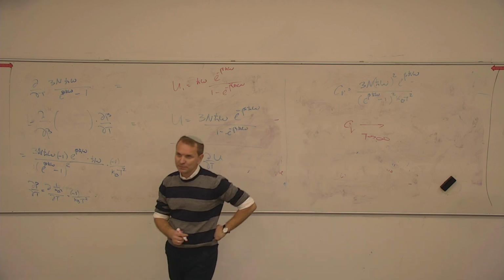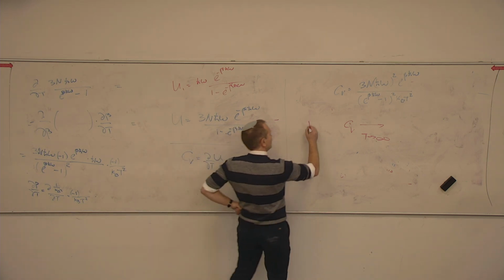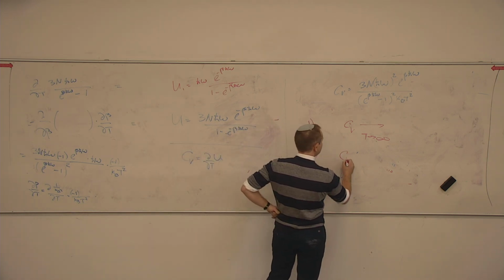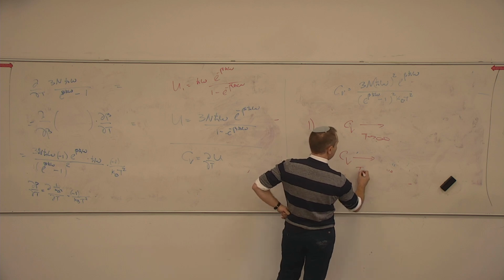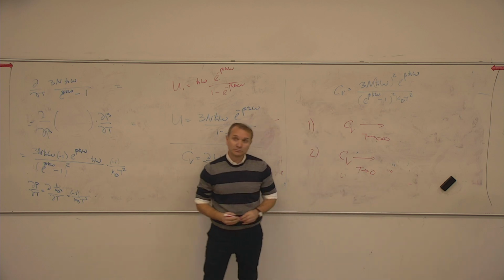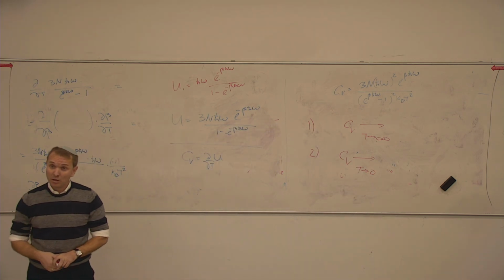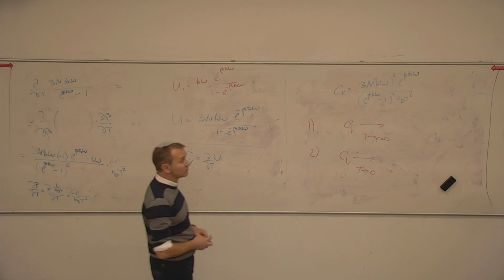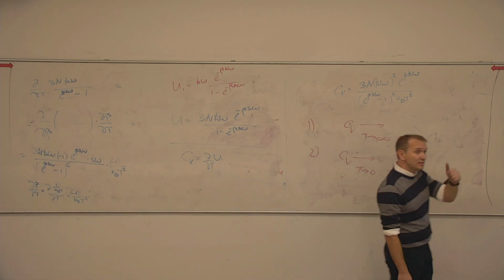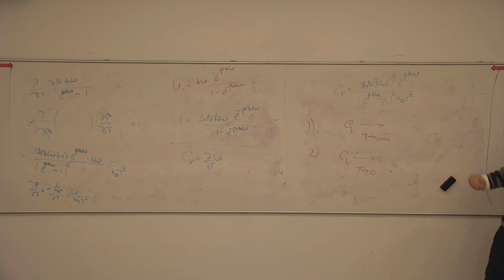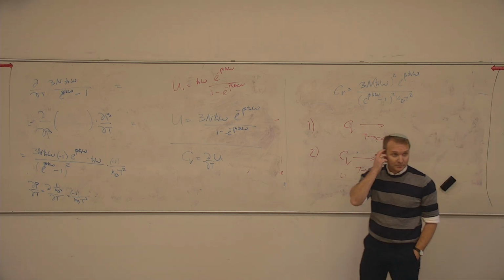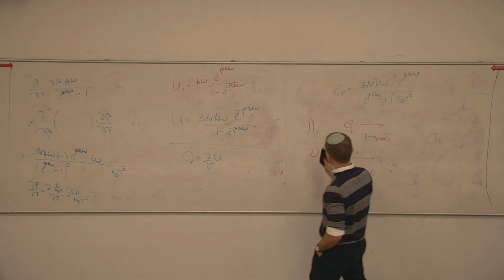This is the first limit. And the second limit is what happens to CV when T goes to 0. Two different limits, but the claim is there is universal behavior over there. Can we get this universal behavior from a very simple approach of Einstein? So let's see. Let's take this limit first.